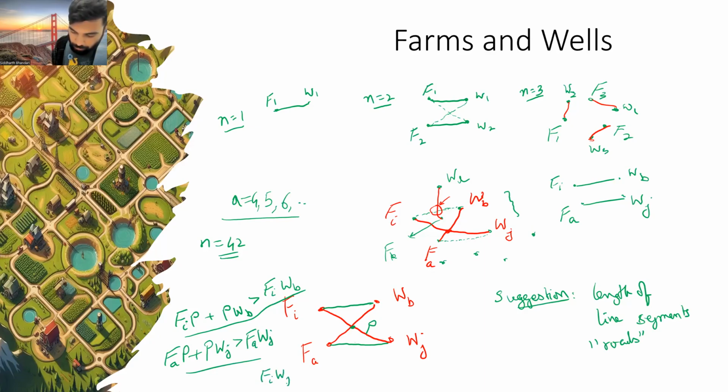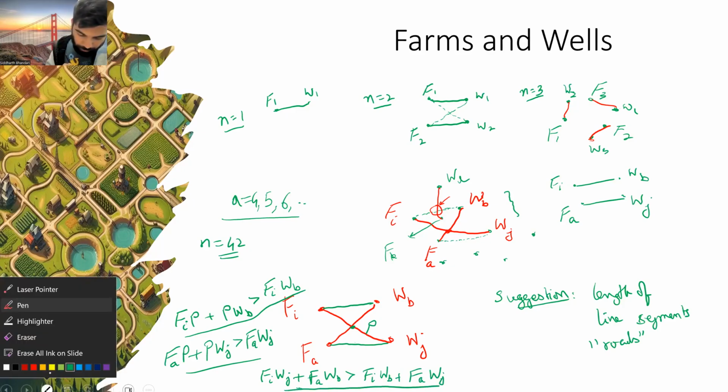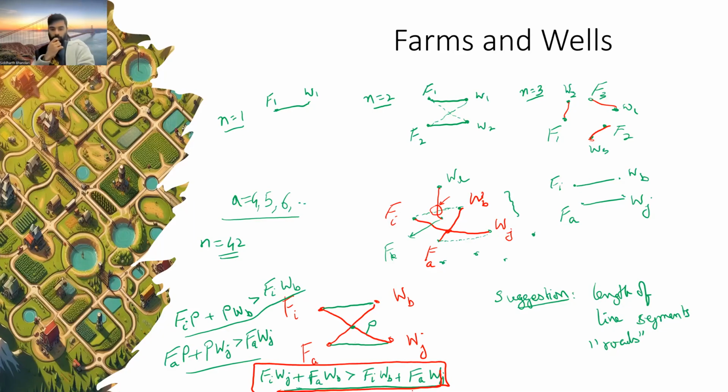FIWJ plus FAWB is greater than FIWB plus FAWJ. Okay. So this is the main inequality that we are after. So the length of the roads has gone down by this modification.